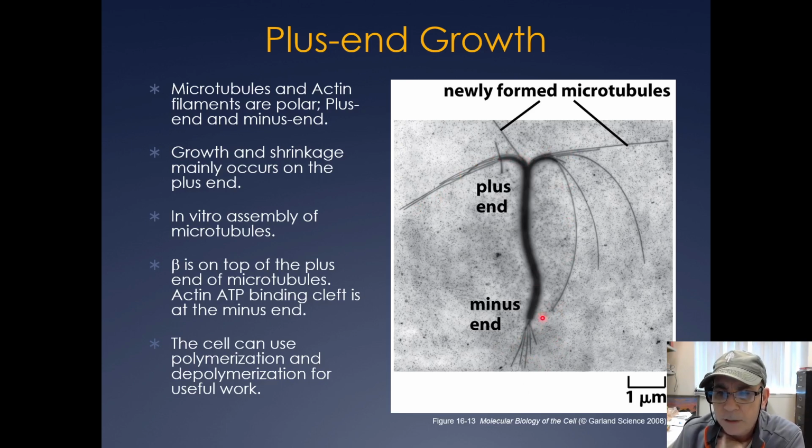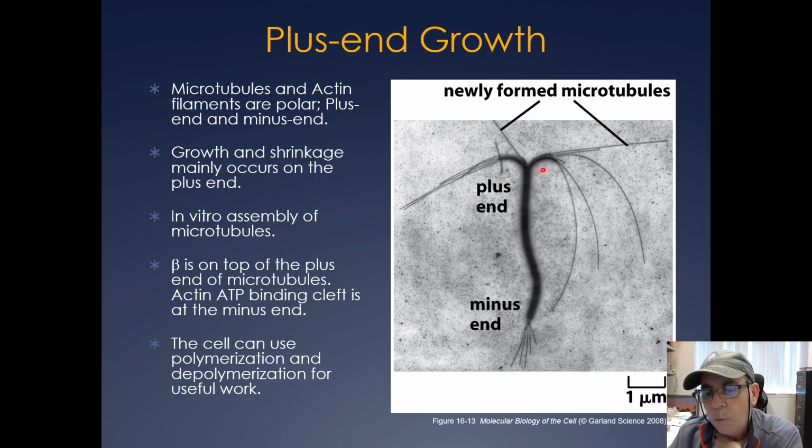However, in a cell, these usually are nucleated down here at the minus end, and so most of the growth is occurring at the plus end. And just as a reminder, the beta subunit of tubulin is on the plus end, and the ATP binding cleft is on the minus end in actin.